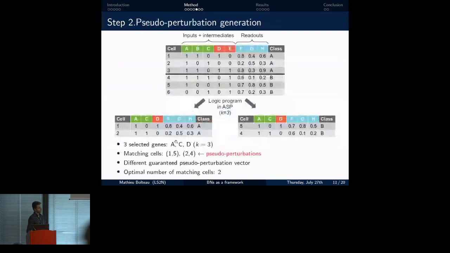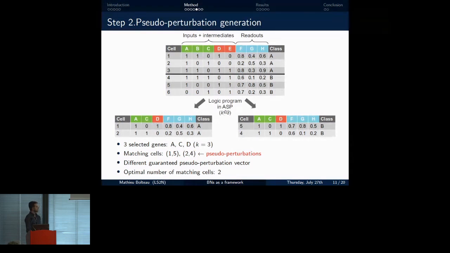So if we take a toy example, from the big initial matrix, we obtain this type of little matrix containing eight genes and three cells for the two classes A and B.